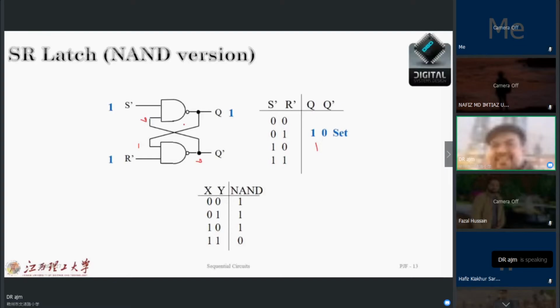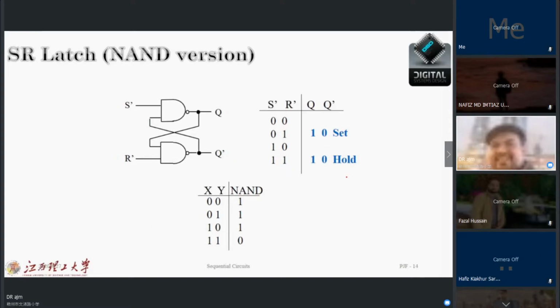Then my situation is again 1 and 0. If both situations are the same, you will see that from set, nothing happens to my output. That is why we call this situation hold. In the case that we had 1 and 1 in our inputs, the output is hold.